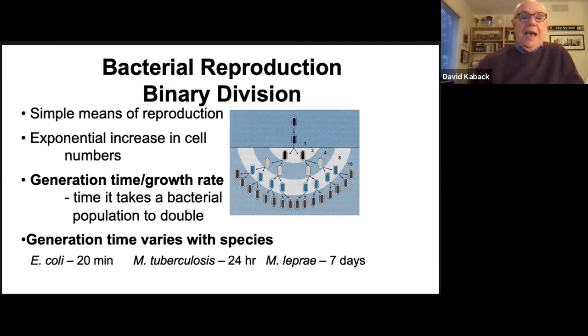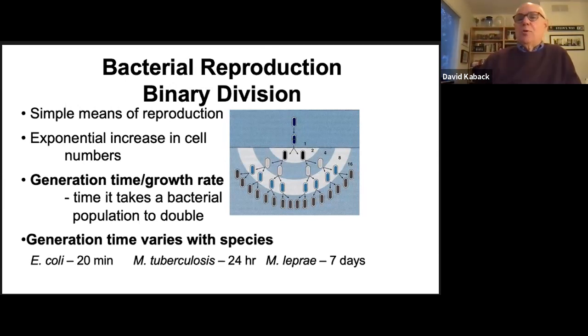Okay, and bacteria grow exponentially. Now, different bacteria have different growth times, okay? So for example, E. coli and Pseudomonas are rather rapid growing bacteria that can double in 20 minutes. In contrast, Mycobacterium tuberculosis, even under the best condition, takes about 24 hours to undergo a cell division.